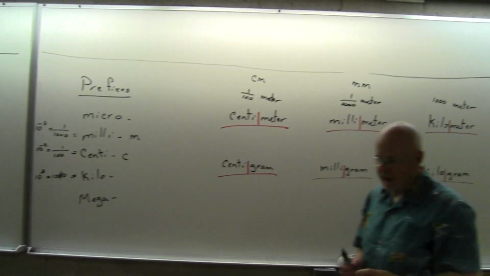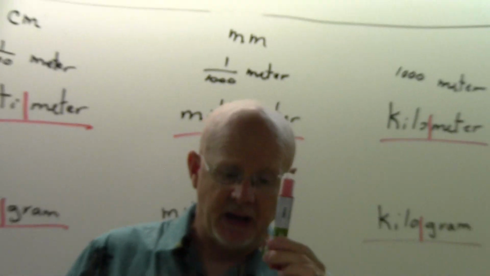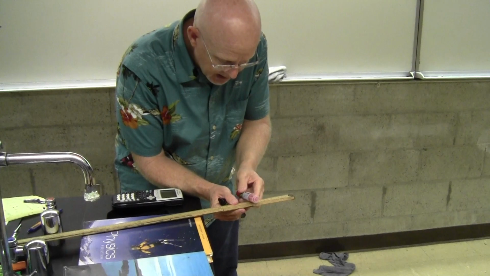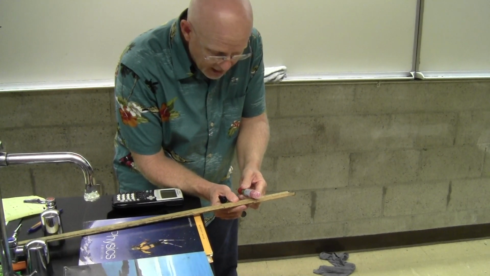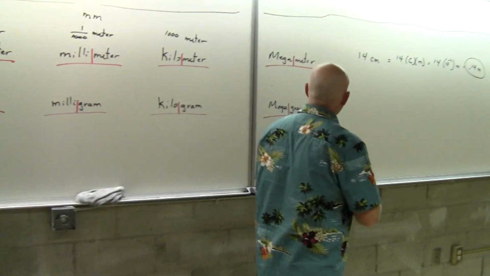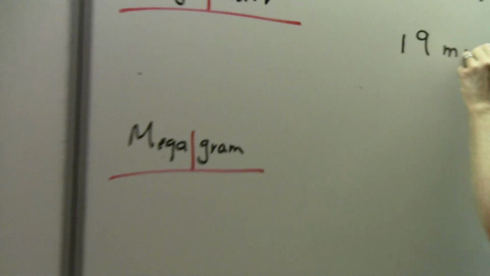And so again, if I were to come over here and measure, hey, what's the width of this pencil or marker? So maybe I would come over here and I'd say, okay, well, the width is 19 millimeters. And so I would say 19 millimeters.